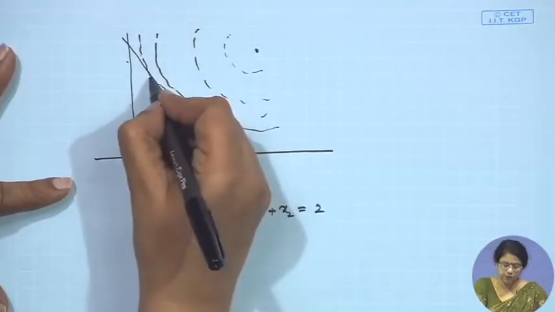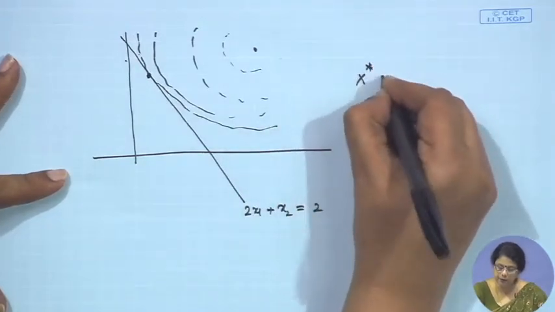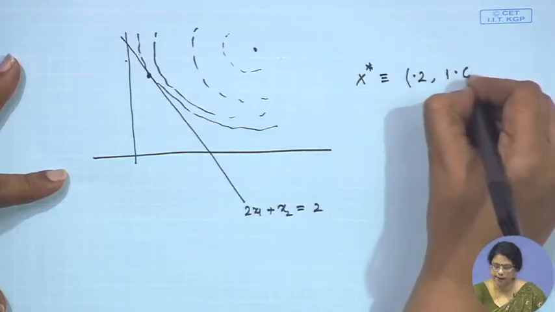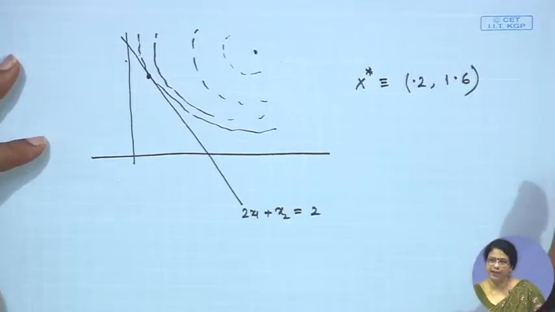Okay. This would be the optimal solution. For this problem, we will get the optimal solution as 0.2, 1.6. Alright. For different cases, if you solve, we will get it.